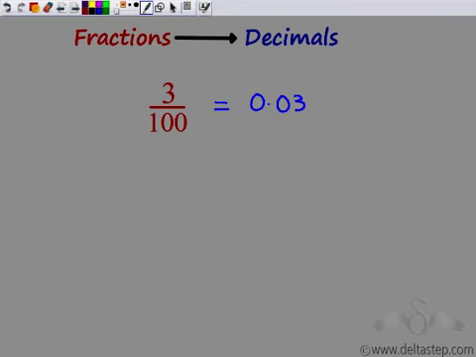Pretty easy. Count the number of zeros. 1 is being followed by 2 zeros in the denominator. So you start counting the digits from the right to the left. So write 3 as it is. And I need the decimal after 2 places because there are 2 zeros. So the first place and the second place. So after these 2 digits, I put a decimal point.